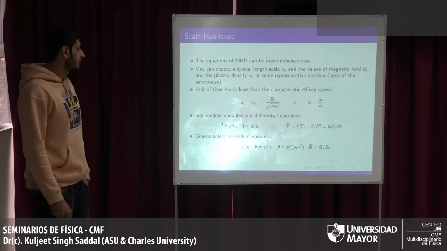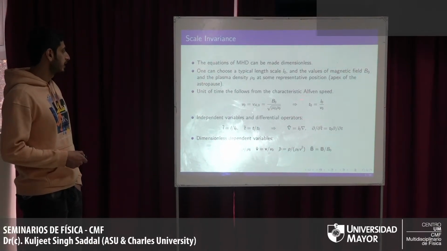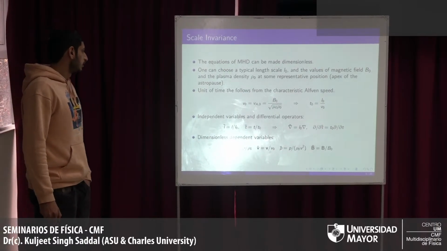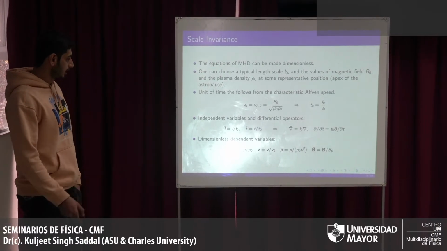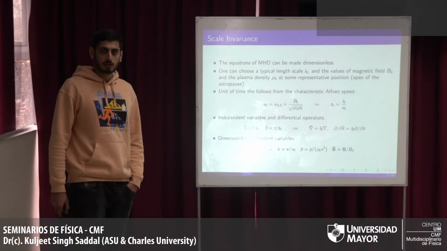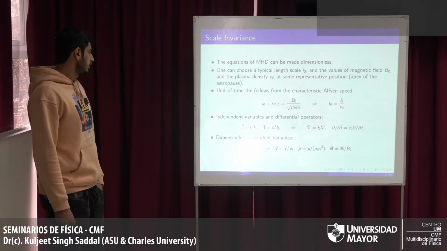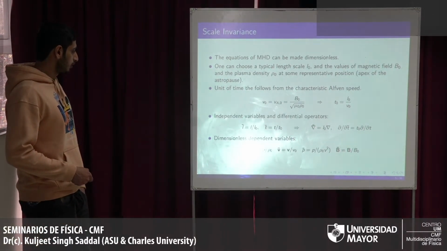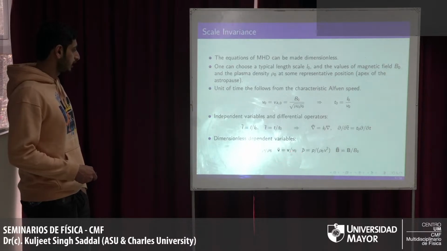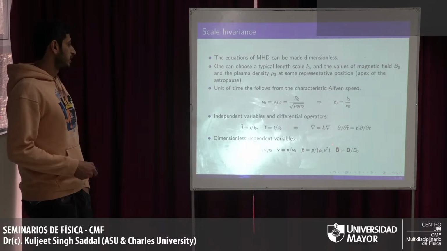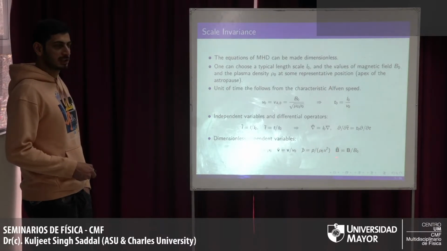The characteristic time scale will be just the characteristic length scale divided by the characteristic velocity. Once we have the characteristic length scales and time scales, the differential operators also have to be modified, and finally the dependent variables also are modified by dividing by the characteristic scales. Notice here that the characteristic pressure is the ram pressure of the gas.